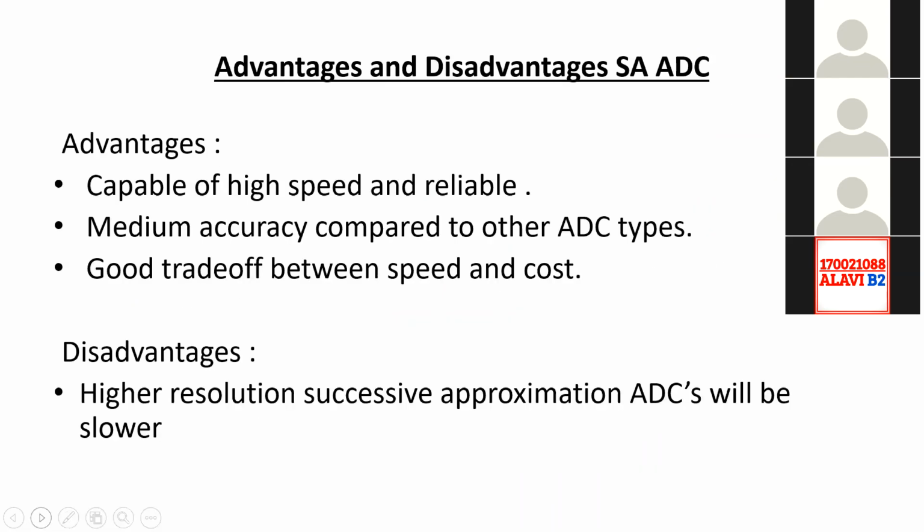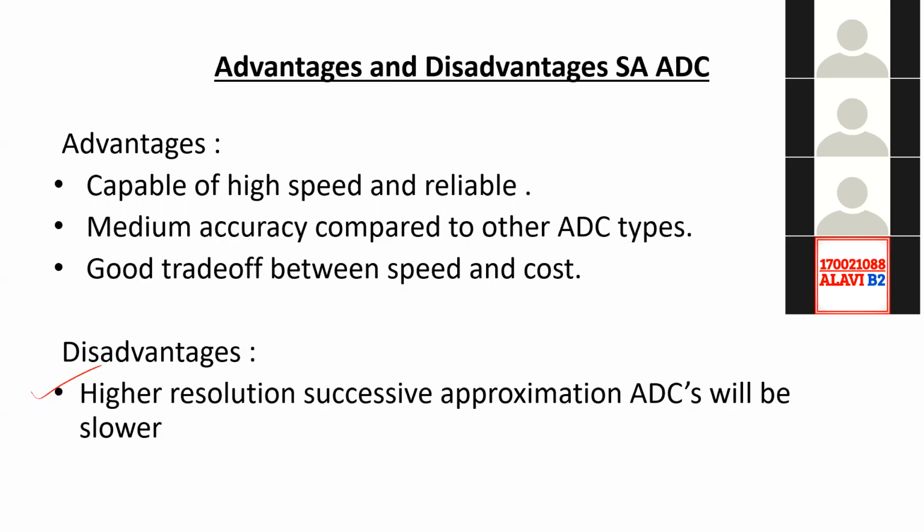Now, some advantages and disadvantages of this particular ADC. The disadvantage has also already been discussed, that for higher resolution, or where you want to increase the number of bits at your digital output, the process will be slower because it checks each bit at a time.